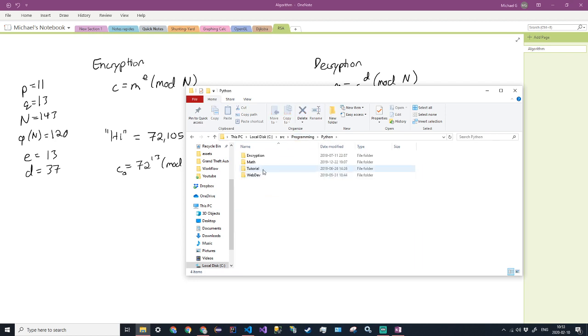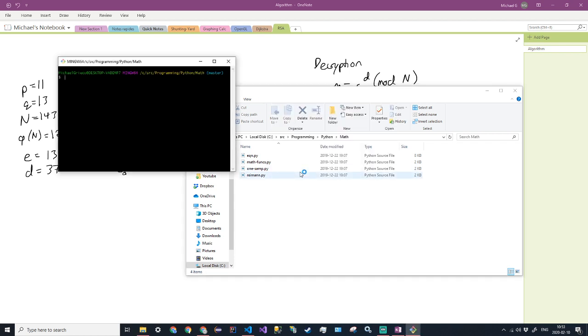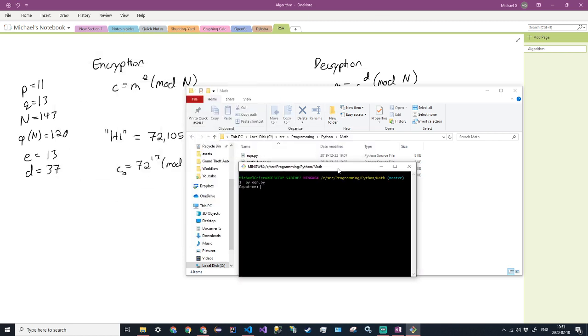Let me open the math equation file. The equation is going to be 72 to the 13 modulus 143, and we should get a 7 out of that.